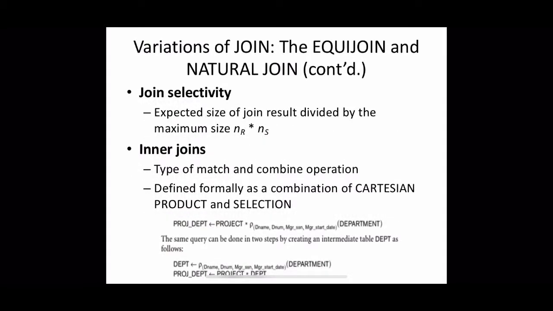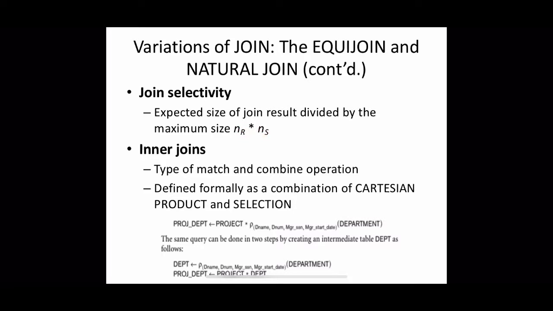Next is join selectivity. It's a new term. If no combination of tuples satisfies the join condition, the result of a join is an empty relation with zero tuples. In general, if the relation R has nr tuples and the relation S has ns tuples, when we perform the join operation R join S with the join condition, the resulting relation will have between 0 and nr star ns tuples.